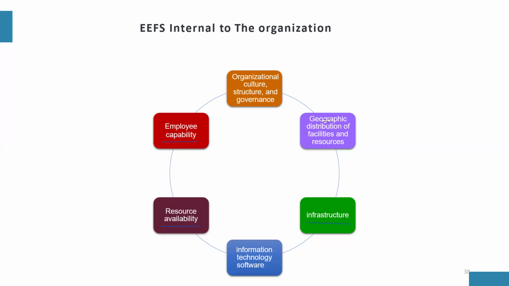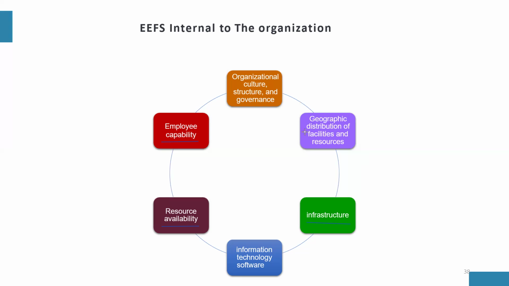Infrastructure, talk about the available facilities, equipment that are available to work on projects. And for IT projects, infrastructure could also talk about your available IT infrastructure, the kind of computers, routers, and software that you have currently. It defines your IT infrastructure.